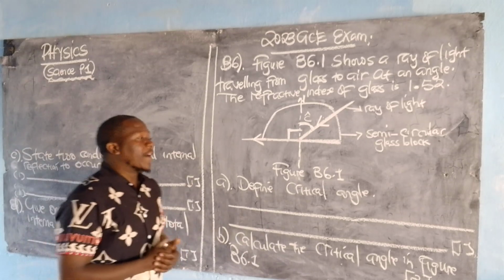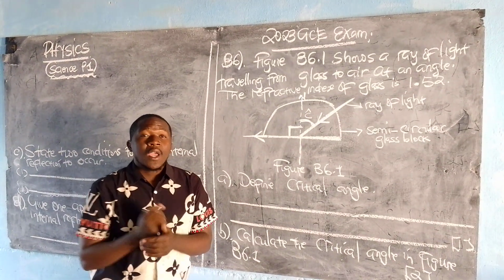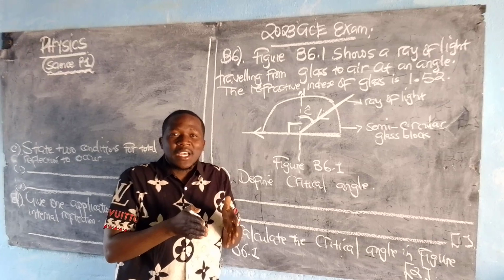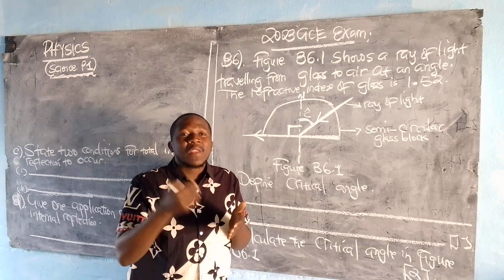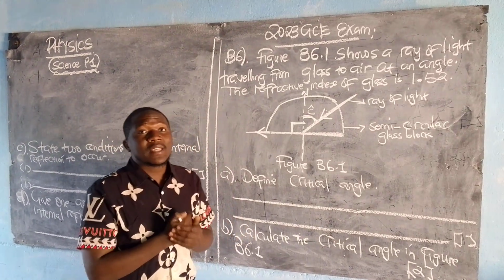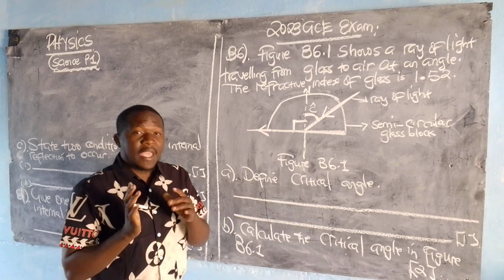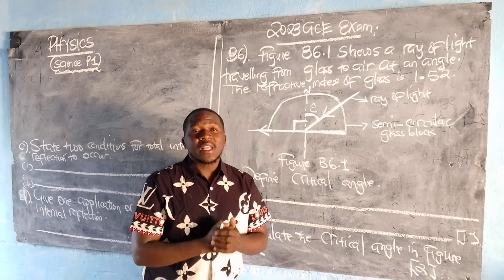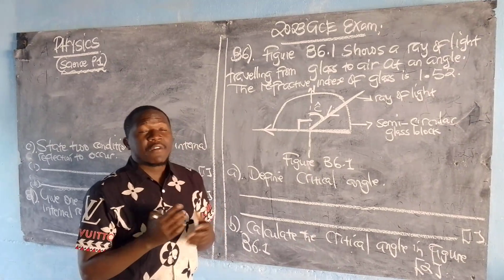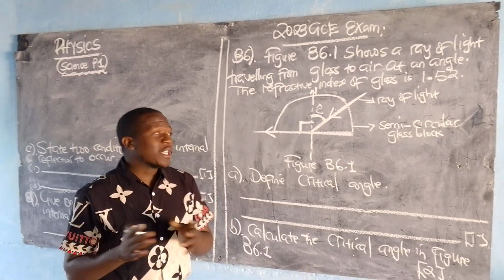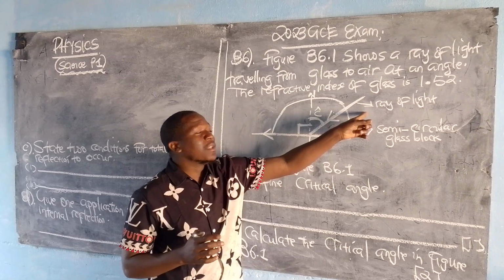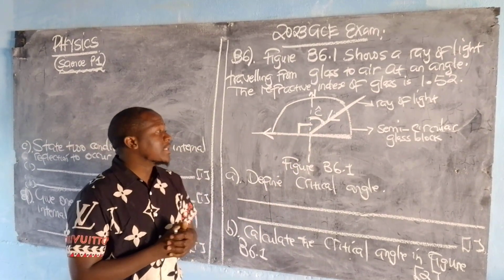So define critical angle. The critical angle is the angle of incidence which is formed when the angle of refraction is 90 degrees. The critical angle is the angle of incidence created when the angle of refraction is 90, usually when a ray of light is traveling from a denser medium into a less dense medium.